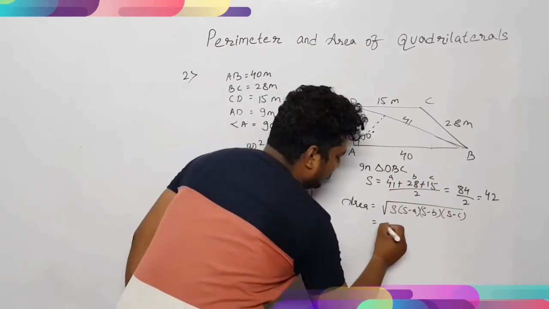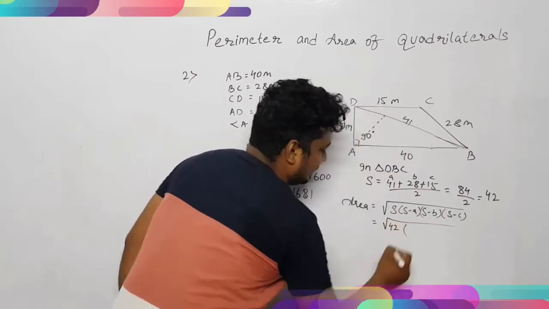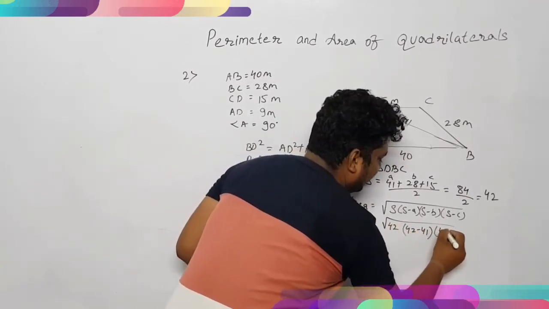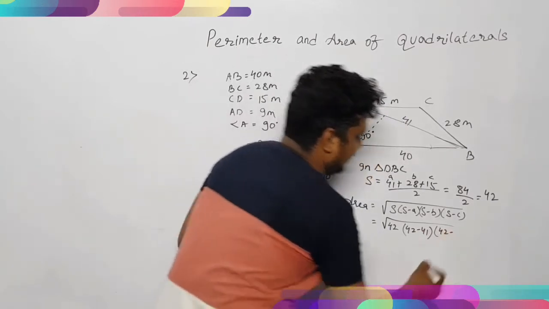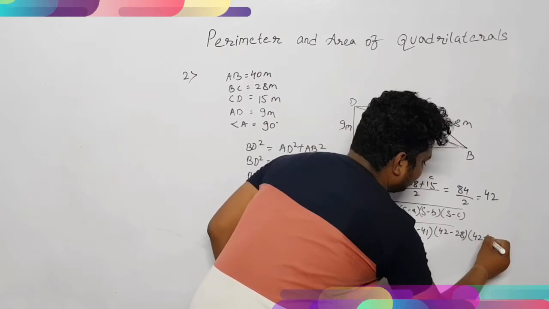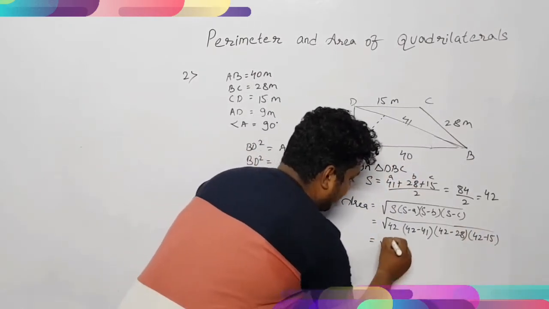S is 42, so we have 42 minus 41, 42 minus 28, 42 minus 15.